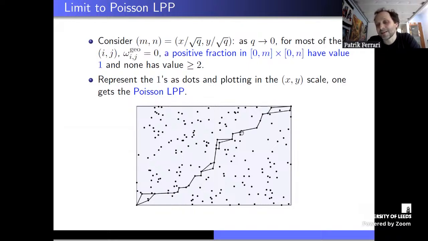And the path has to have a slope between 0 and infinity, so going upwards. So here you see there are several lines, and typically the way to collect the most number of points is not unique. In general, in the exponential LPP, it is unique, but in the geometric or in this Poisson case it is not. And this is also called the Poisson LPP.